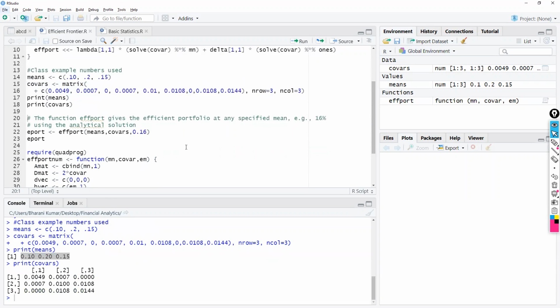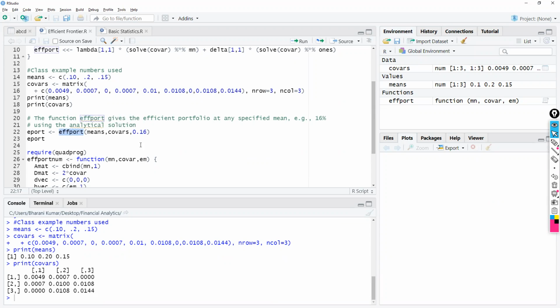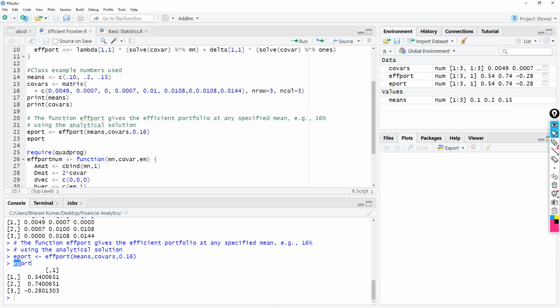Now, if you want the efficient portfolio, if you want to know how much you should invest in asset X, because we have 3 assets, right? X, Y, and Z. How much should I invest in X? How much in Y? How much in Z? If you want the answer, you just run this optimization. And if you look at the optimal, efficient portfolio values, you get 0.54.